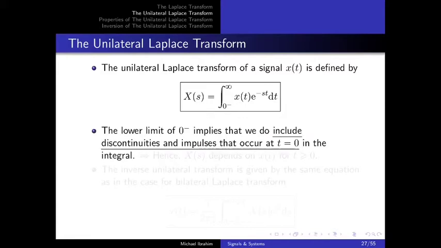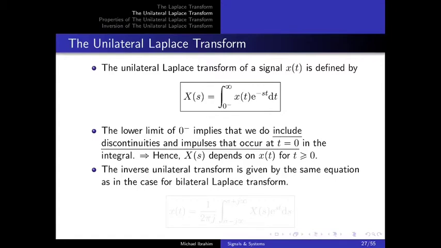So the lower limit of 0 minus implies that we do include discontinuities and impulses that will occur at t equals 0. So x of s will be, as a matter of fact, depending on x of t for t larger than or equal to 0. So 0 is included in this integration.